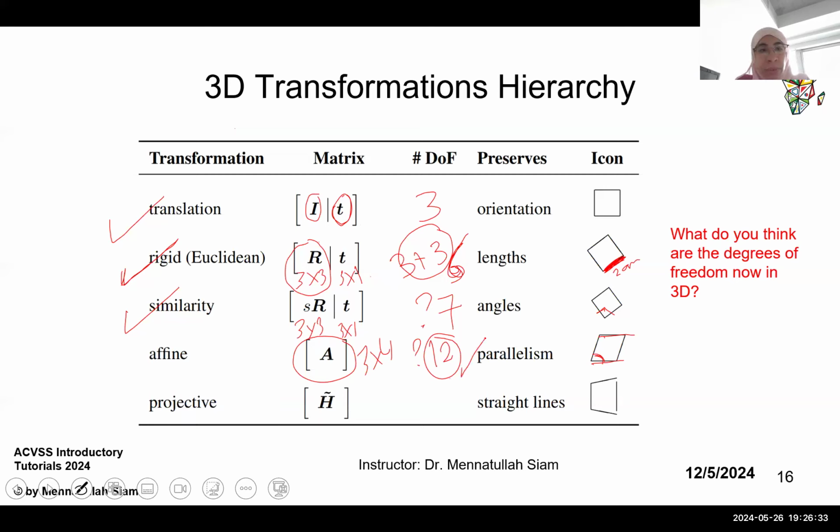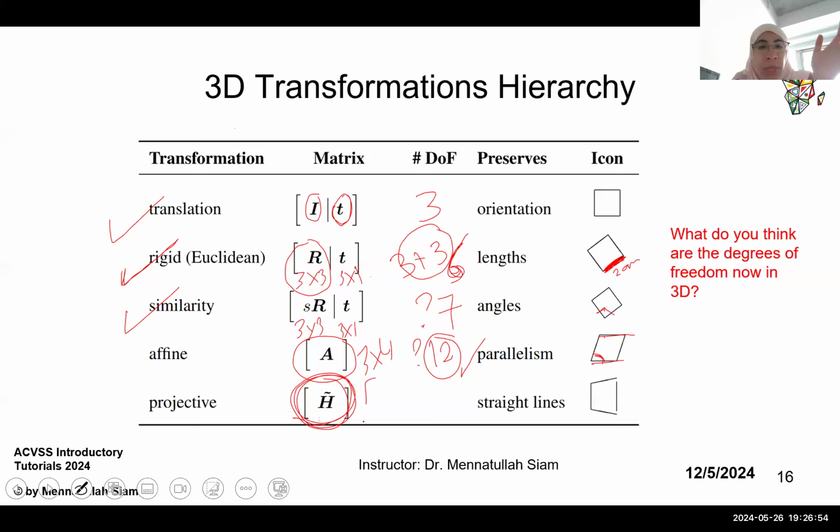And then the projective, but this is in 3D. So we have 3D homography and we have 2D homography. We talked about the 2D homography. What do you expect here? So what is the size of this matrix? This is the full projective transformation in 3D.